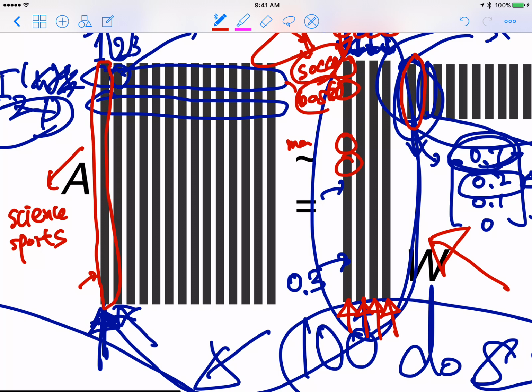In this case, this linear combination coefficient will have maybe 0.6 related to science, and 0.4 related to the sports topic. We can simply linearly combine these two probability distributions with these weights.